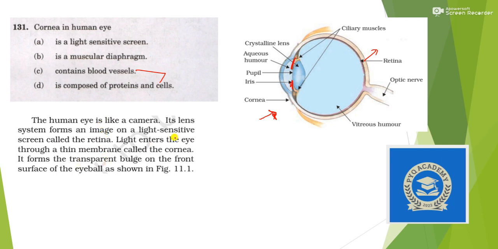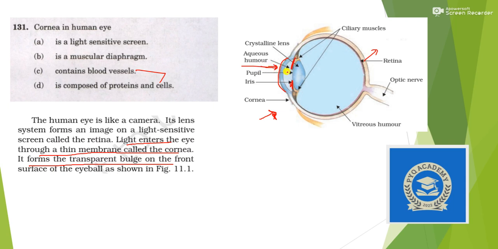It is an application based question. As you can see here, light enters the eye through a thin membrane called the cornea. It forms a transparent bulge on the front of the eye, and light enters from here. So if a blood vessel is present in this, then light coming from outside will refract.